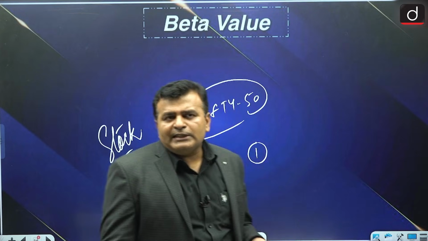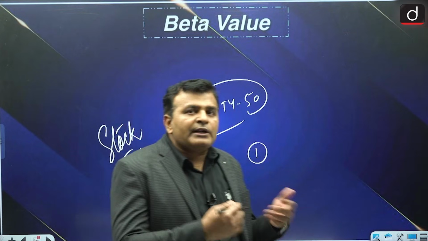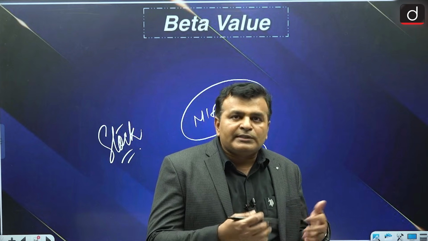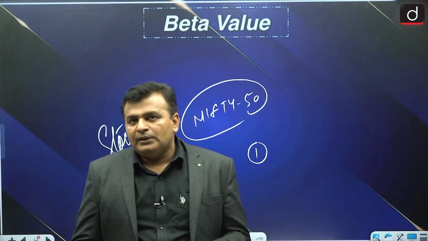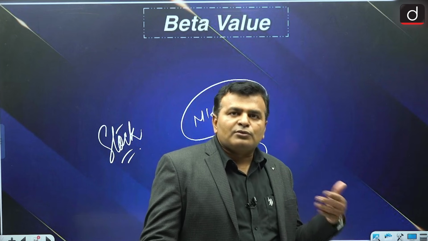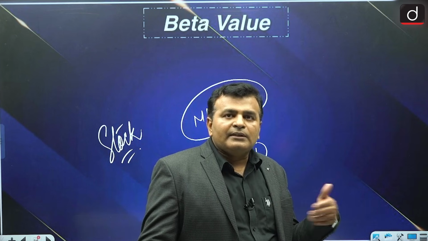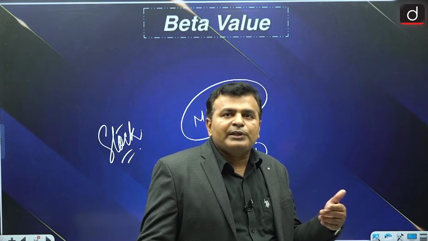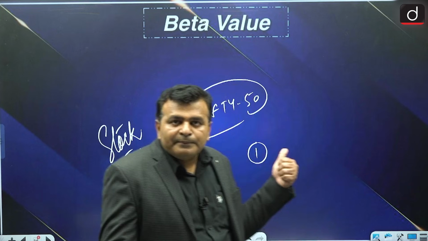So normally what happens is that when it is a bull run, when the market is bullish, when the sentiment is bullish, the investors prefer investing in high beta stock so that they may get a return which is higher as compared to the return given by the index.